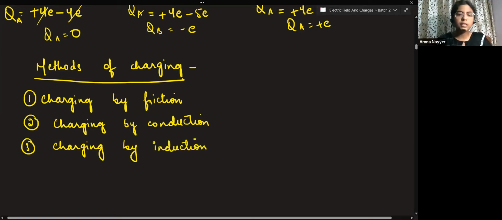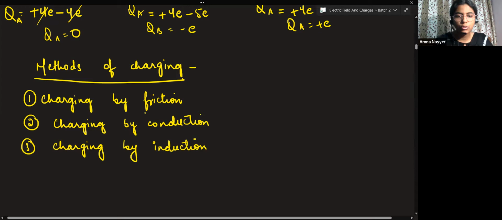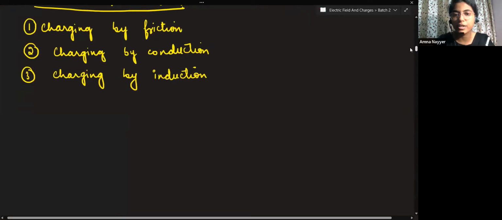So these are the basic methods of charging. Charging by friction, conduction, induction. Now first one, friction, you have already studied. This is the same frictional force that you have studied in 11th standard. Conduction is different, induction is different. So first let us just discuss charging by friction.